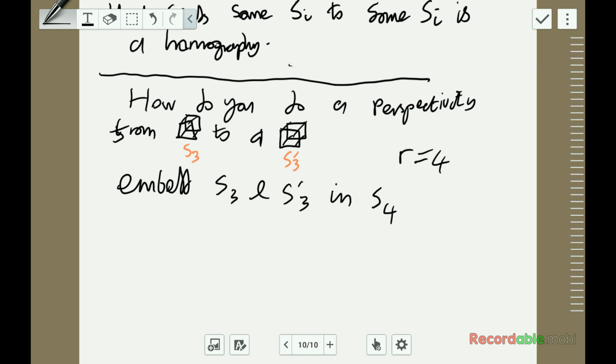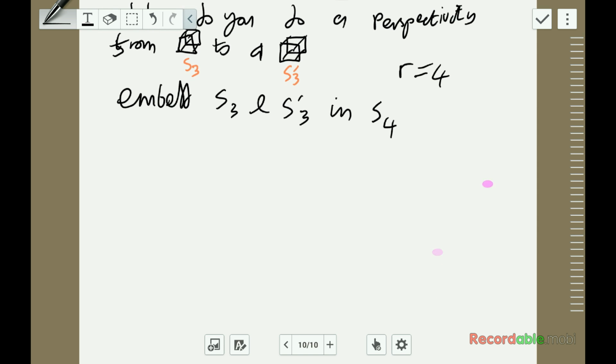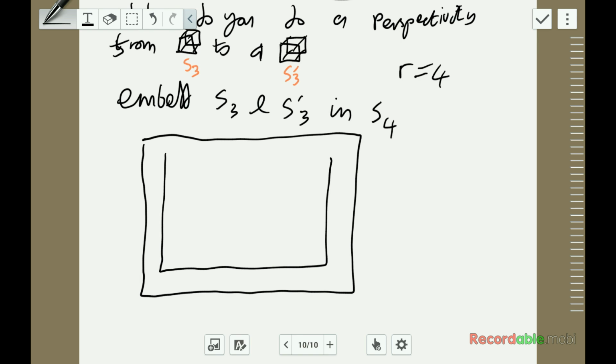So, how is this going to work? Well, all we have to do is just have this 4D space, which I shall try and draw as a hypercube.